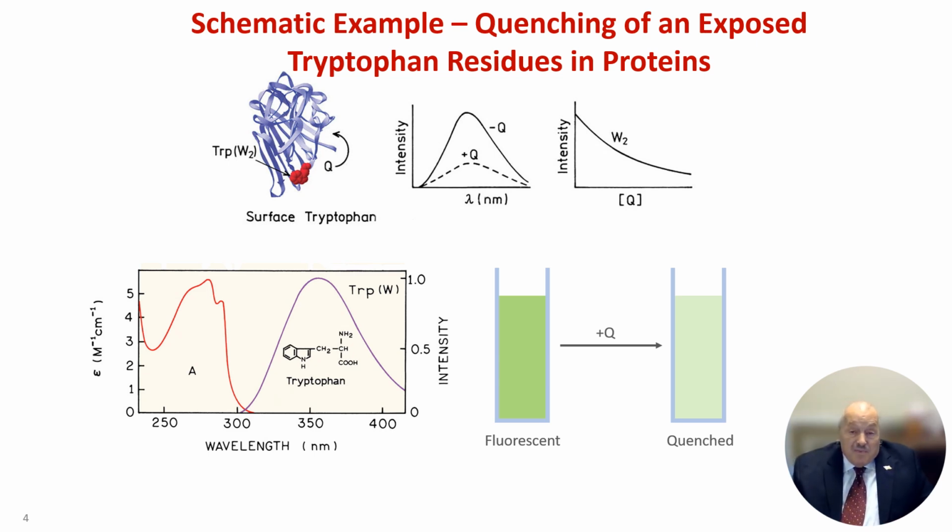Or if you looked at the intensity versus quencher concentration, the intensity would continue to go down. In this particular case, I just used the example of tryptophan and schematically tried to show you what two cuvettes would look like rather than two samples of quinine.